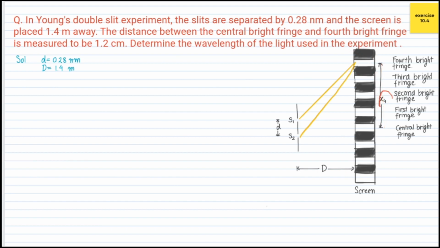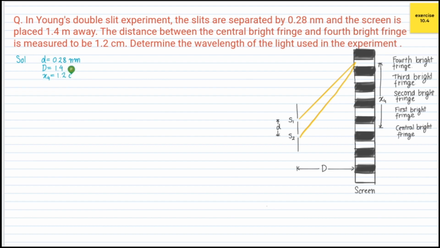The distance of the fourth fringe from the central bright fringe is 1.2 centimeter. This distance is also known as the position of the bright fringe. Since you are measuring this fourth bright fringe with respect to the central bright fringe, this is the position of the fourth bright fringe. So x4 equals 1.2 centimeter.